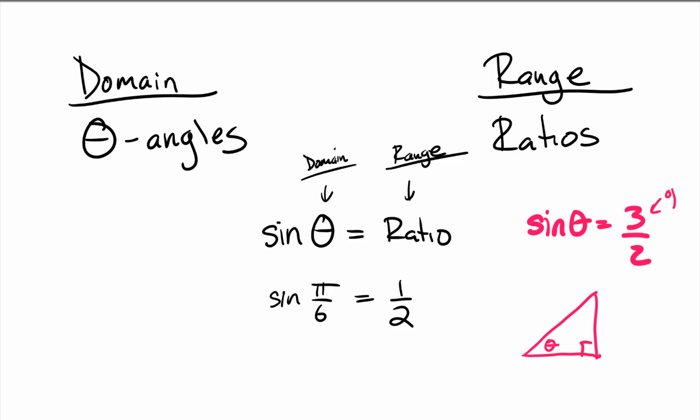This is our opposite, right? SOHCAHTOA. That's our hypotenuse. So we're claiming the shorter side is longer than the longest side. Do you think the hypotenuse can be 2 and the other side is 3? That's impossible. The hypotenuse is always the longest. You can never have the numerator be larger than the denominator.